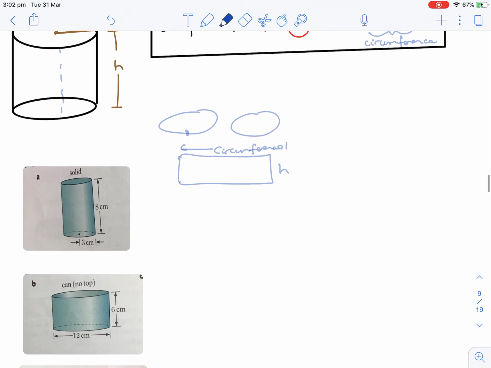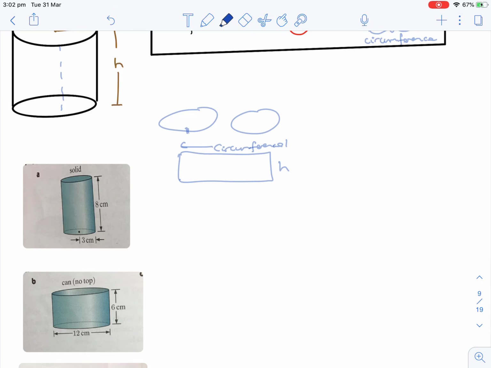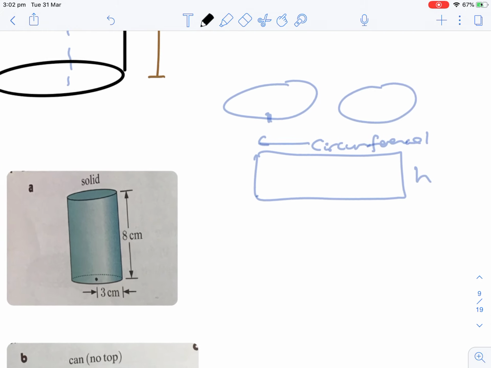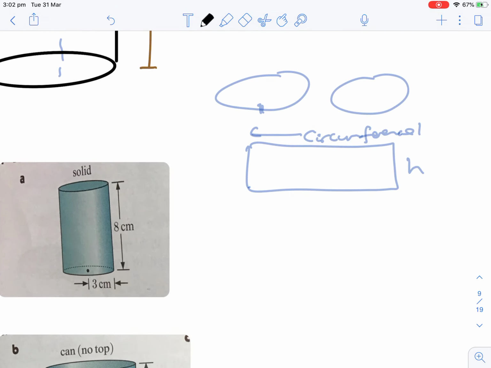So understand your formula and then you can apply it, and we'll go through that now so that you can see what I mean. So in this first question we said it's a solid, and so we have both the circles top and bottom, and we've got the walls of this shape. So to get the area here, I'll call it SA for surface area. I am going to go 2 because I've got the two circles, so 2 times pi times the radius, which they've told me is 3 squared, plus I've got the walls of this cylinder, which is going to be 2 times pi times r, which is 3.